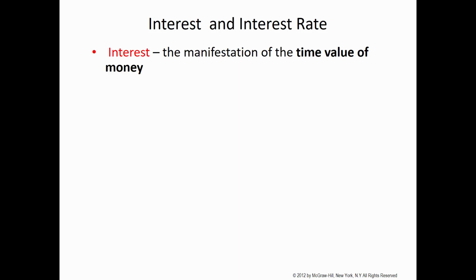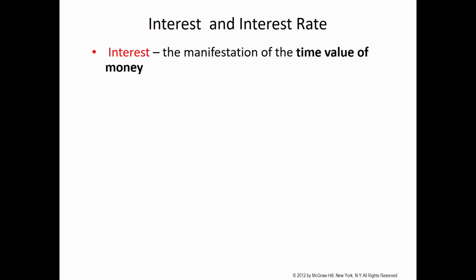Okay, a couple of important terminology items here. As I said before, interest is the manifestation of the time value of money. And so that phrase in bold, that's kind of a standardized phrase that's getting at the idea that dollars in the future aren't worth as much as dollars now, because inflation is making things more expensive in the future.